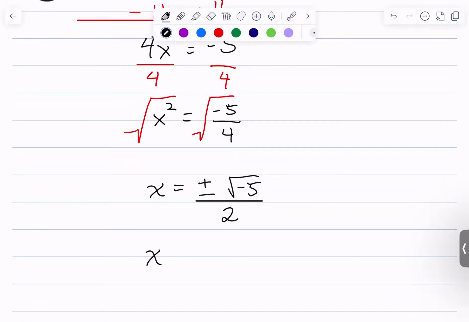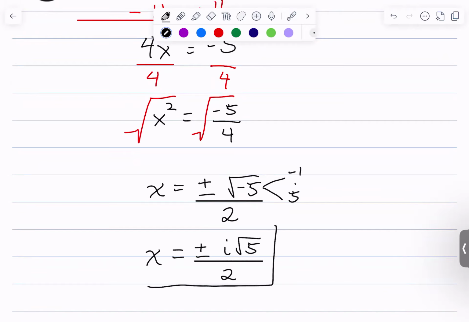So x is going to equal, since negative 5 is just negative 1 times 5, this becomes i square root of 5. Right? Do we all see that, class? Yeah.